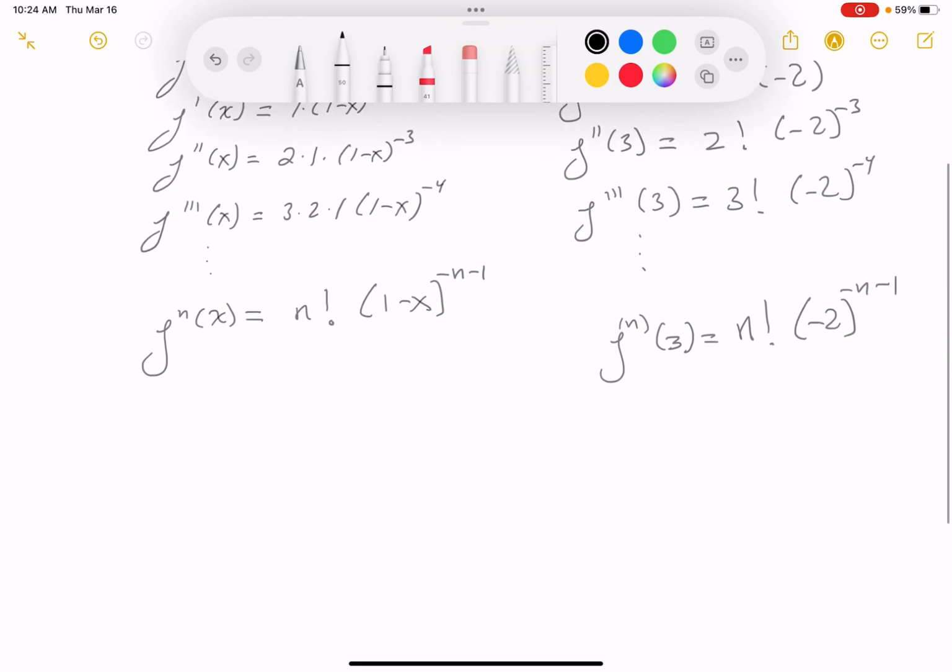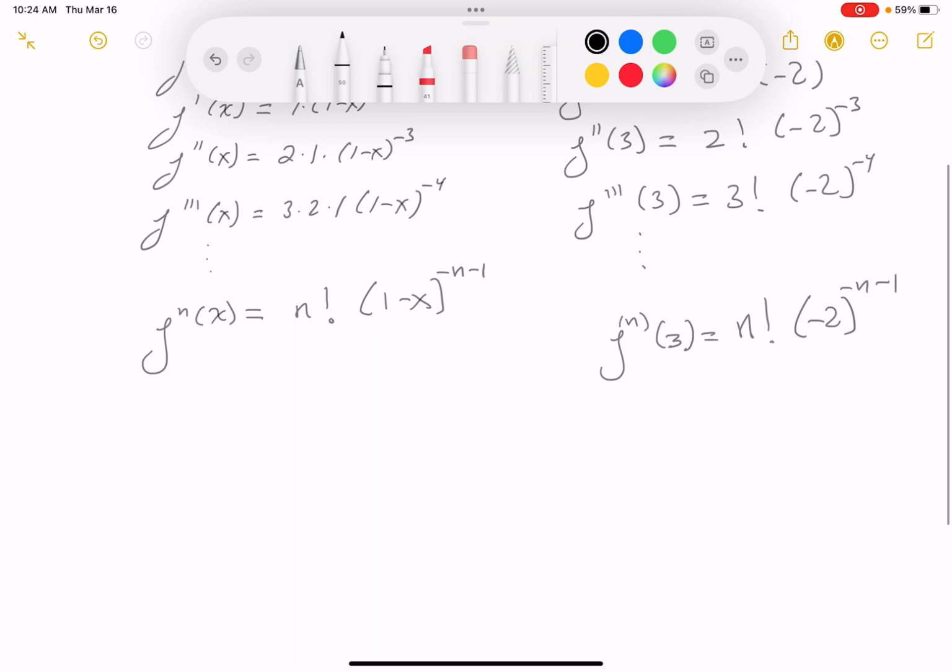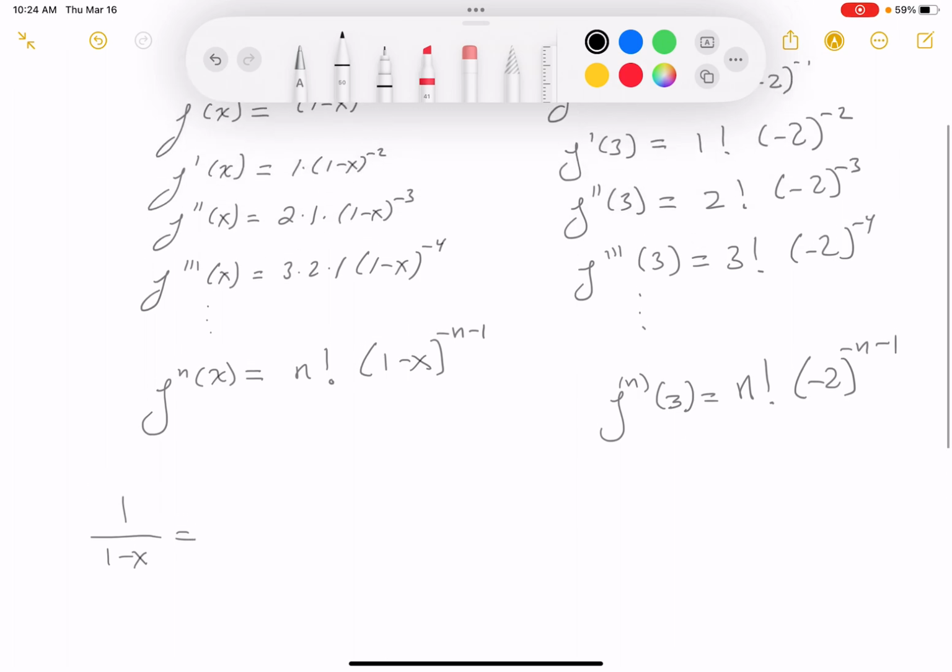Well, I think I'm ready to write my series down now. And the series for this over here is centered at 3. So 1 over 1 minus x is going to be, well, be careful about this.